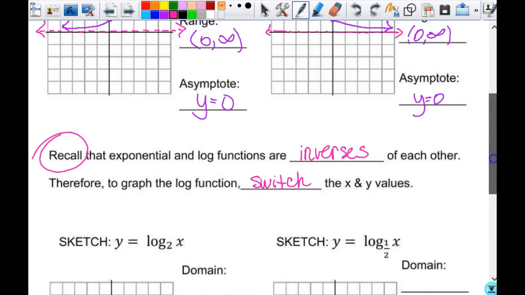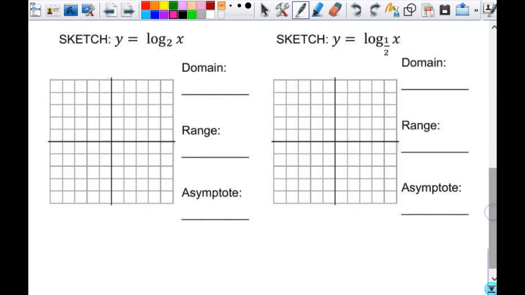Okay, so what is the asymptote for a log function? You have your notes in front of you. You need it. The parent function, not just any log function, but the parent function. If I take the line y equals 0 and I'm going to reflect that, it'll be x equals 0, right?